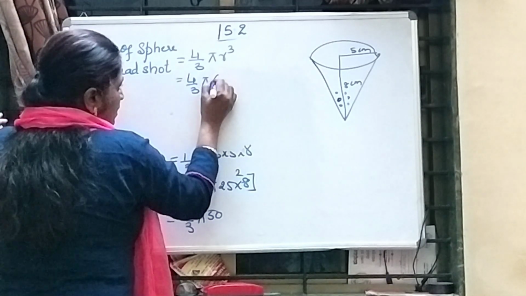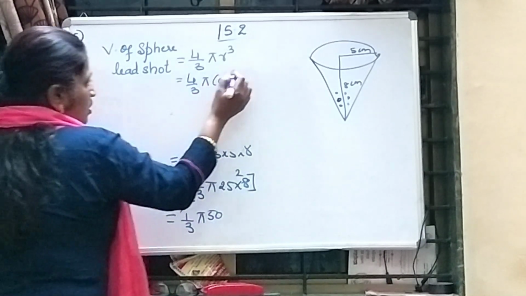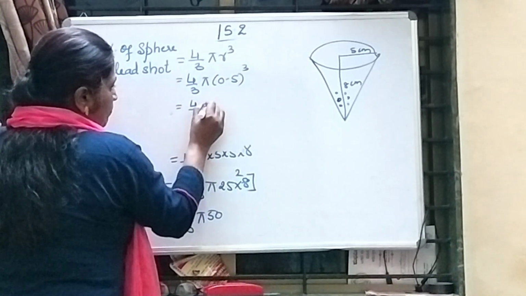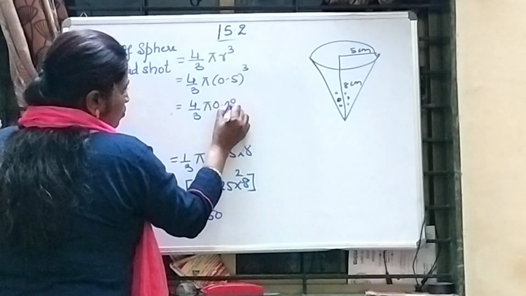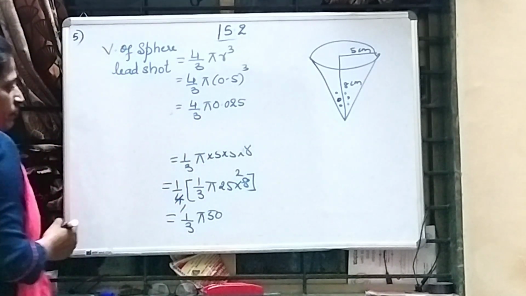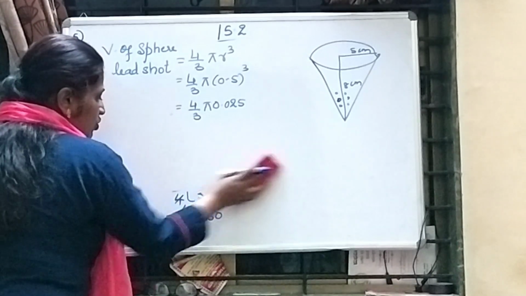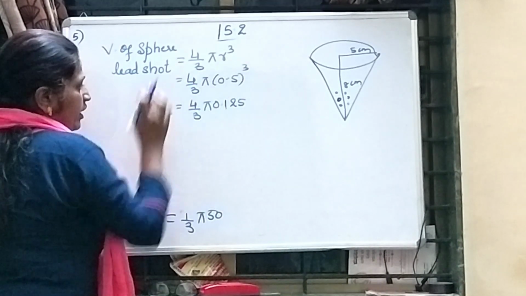R cube is 0.5, the radius of one lead shot, whole cube. So this becomes 4 by 3 pi into 0.125, that is 5 cube. Now, how to find the number of lead shots?